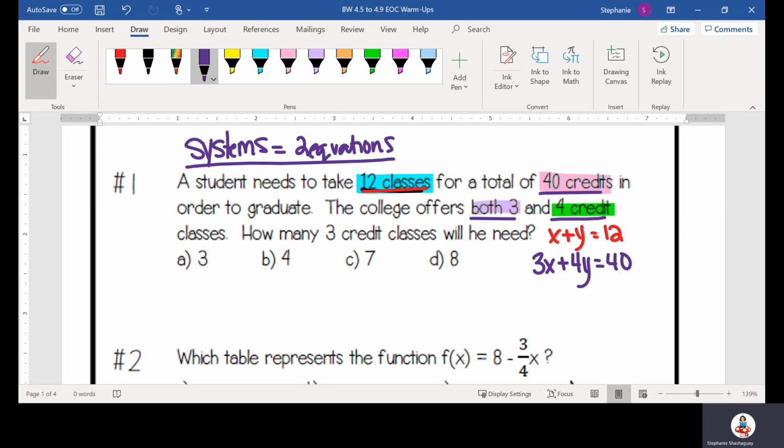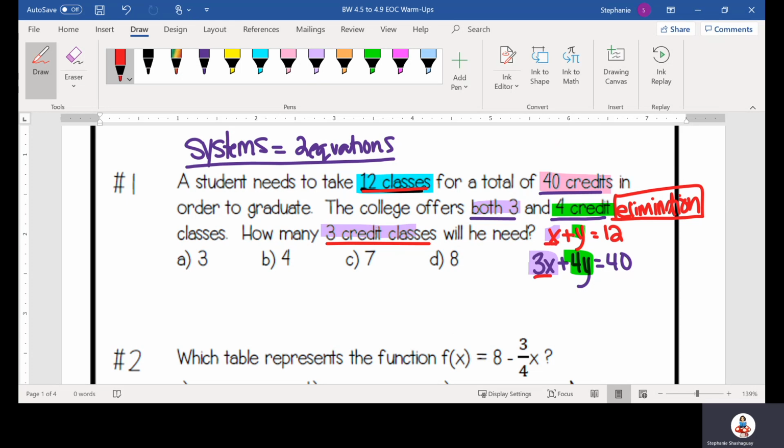Remember, it's asking for the 3 credit classes, which in this case is going to be my x, because I've assigned the 4 credit classes to my y. So if I want to solve for x, I can use elimination to solve for the variable that I want, which is the x.